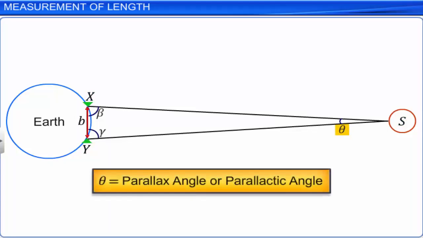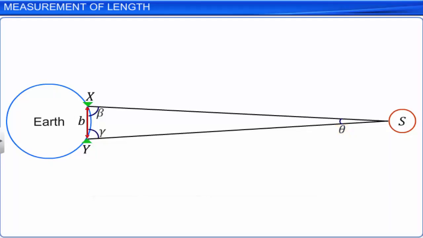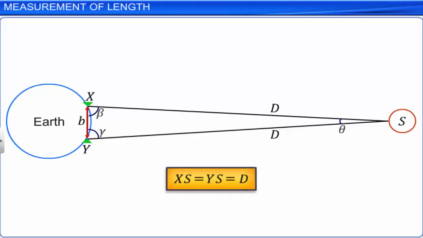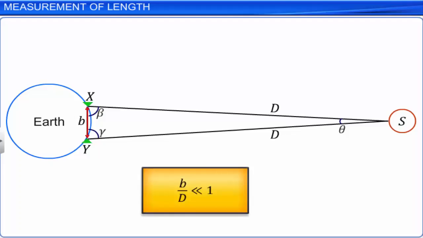As the planet is at a very large distance from the Earth, say D, its distance from the two observation points on the Earth, namely XS and YS, can be approximated to be equal. As D is large, the ratio of B to D is less than 1. This implies that the parallax angle theta is very small.